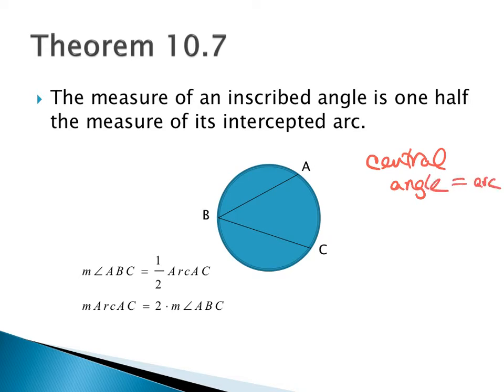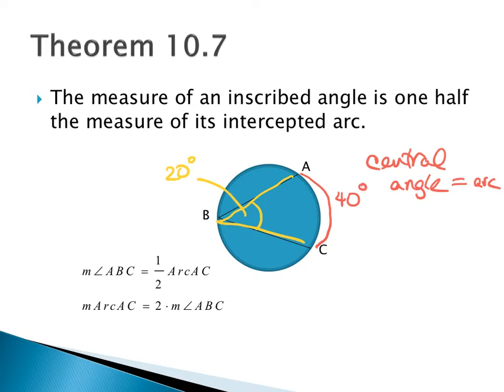This time, the angle measure will be 1/2 of the arc. So for example, if I told you arc AC was 40, then the measure of angle ABC would be 1/2 of that, or 20 degrees.